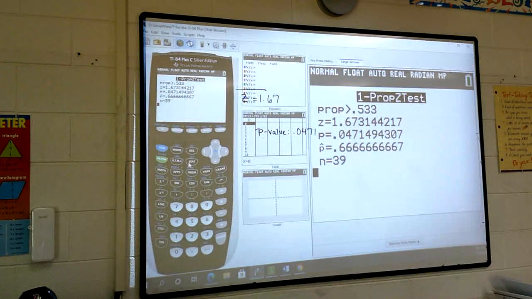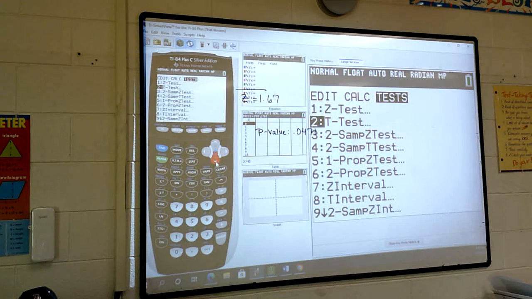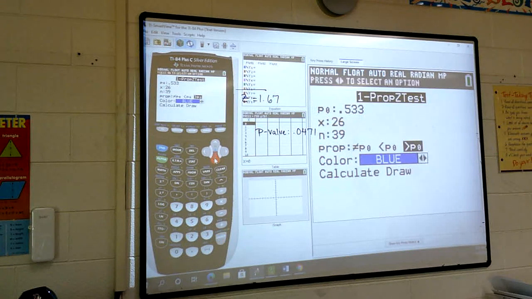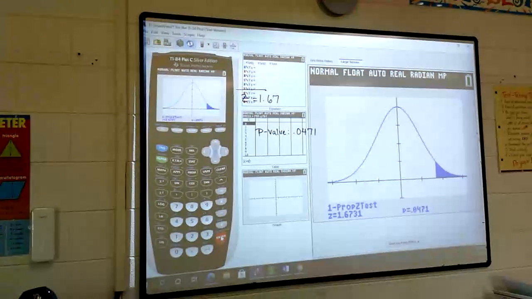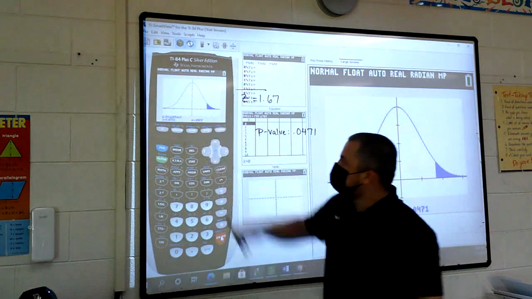So if you go to stat test and you go to the 1 proportion z test, instead of hitting calculate, you can hit draw. And what it does is it draws the normal curve and it shades the area where the null hypothesis might be true.